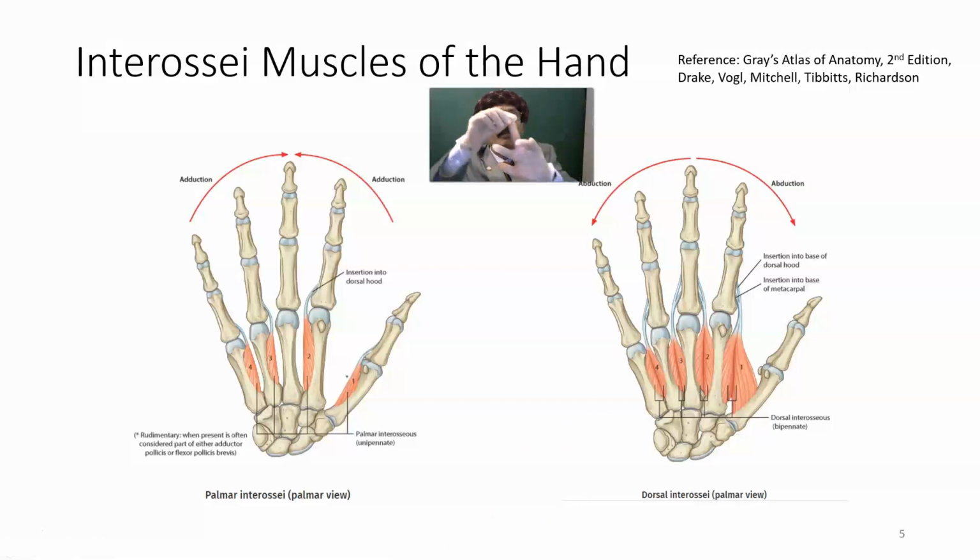So how about the middle finger? Anyway, it goes this, that, both ways it has abduction. Okay. So this muscle takes origin from the metacarpal, inserts to the dorsal hood, dorsal digital expansion. Like this muscle takes origin from the metacarpal bone, inserts to the base of the metacarpal and to the base of the dorsal hood. Okay.